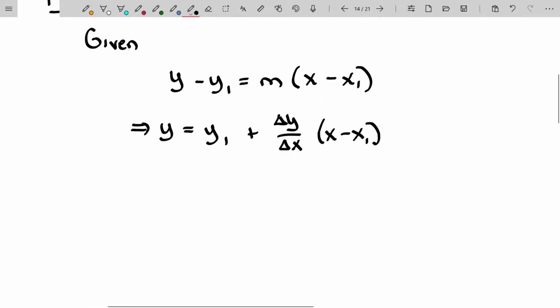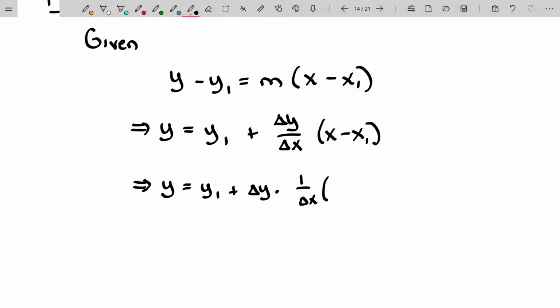Well, taking a look at this, you could actually manipulate this slightly. You could say y is equal to y1 plus delta y times 1 over delta x times x minus x sub 1. And then you could say, well, what if we allowed t to equal this whole back end statement? So let me just say that.